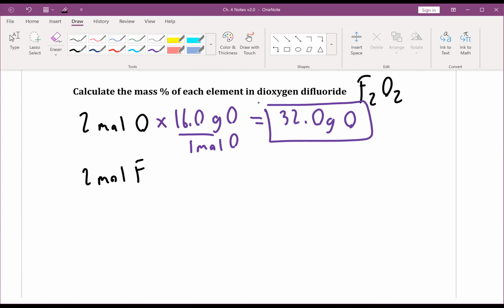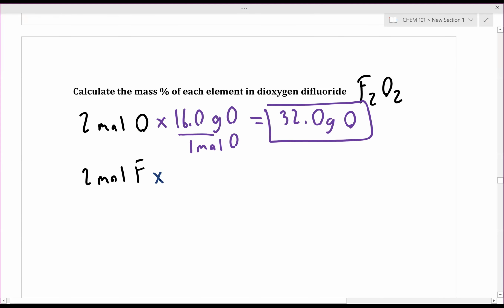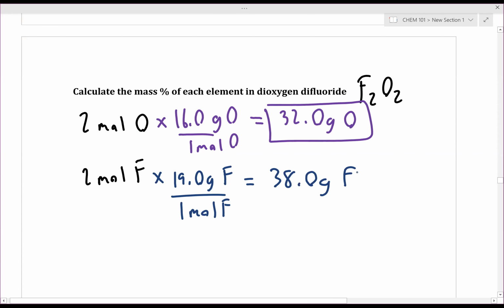What is the atomic mass of fluorine in the periodic table? 19. So we have about 19.0 grams of fluorine per every 1 mole of fluorine. And this we can do without a calculator, but you're welcome to plug it into the calculator. We have 38.0 grams of fluorine present in the sample.